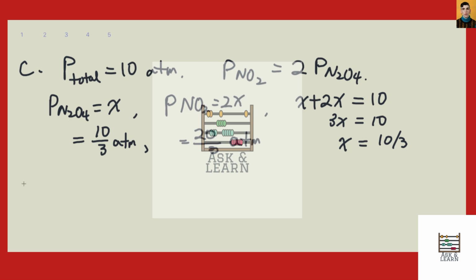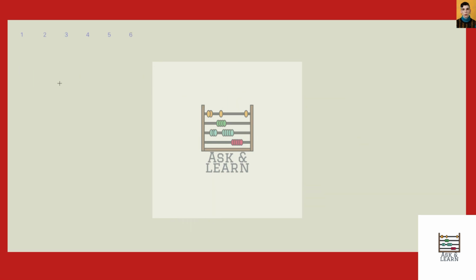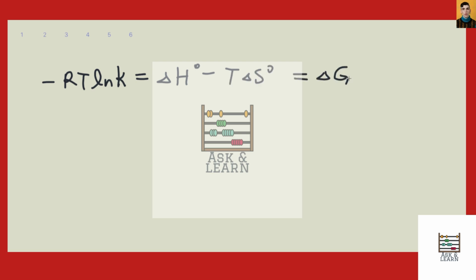For this question, the equilibrium constant K will be P of NO2 squared divided by P of N2O4, that is 20 divided by 3 squared, divided by 10 divided by 3, and you will get K equal to 13.33. And once again, minus RT ln K equals delta H0 minus T delta S0, both equal to delta G0.